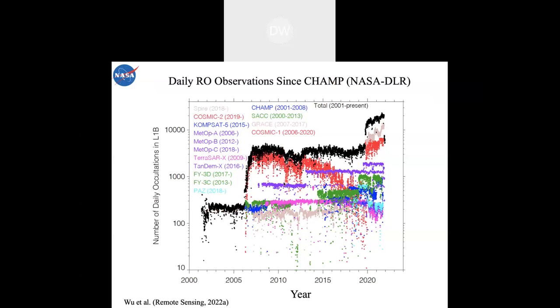In between, there are a number of small constellations like MetOp-A and Fengyun and others, but nothing making up a significant number like this 6-satellite constellation, until Cosmic 2 and Spire came up in 2019 and 2020. Currently we're talking about maybe over 20 or even 30,000 per day. So this is what we have currently.